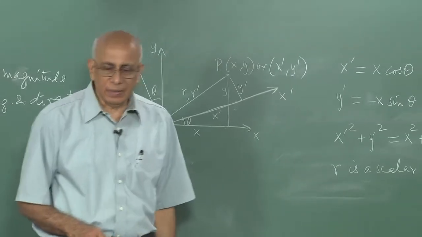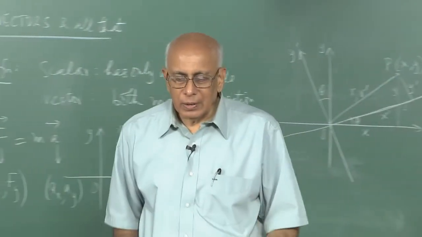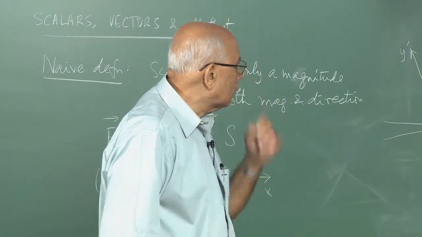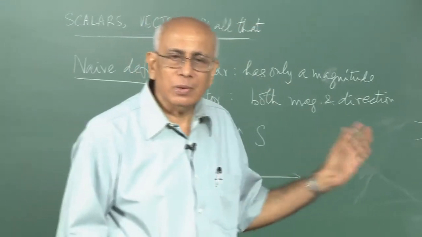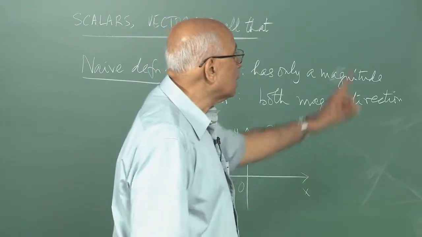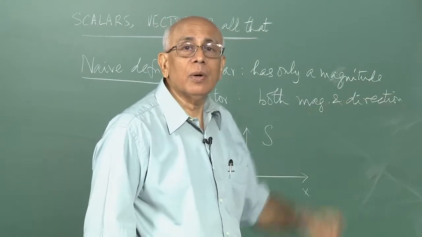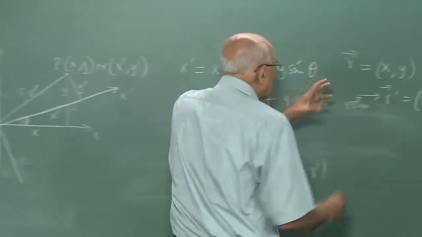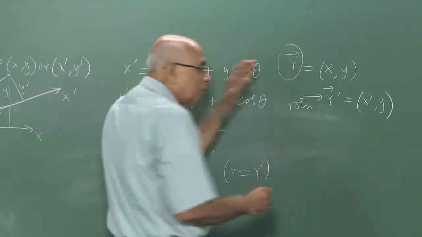What then is a vector? Well, as you know, in the naive definition it has a magnitude and a direction, and a little more sophisticated way of saying it is it's got two components. Once you have a two-dimensional world, a vector has two components. For instance, the position vector of a point is r, (x, y). This is our primitive basic vector.